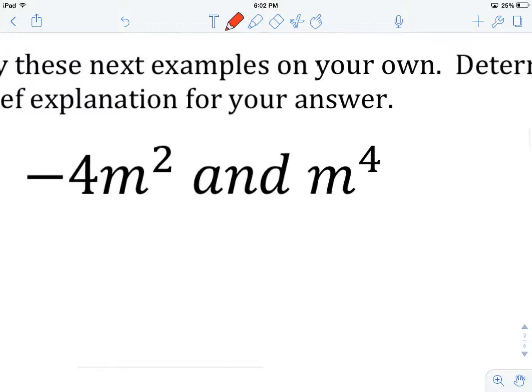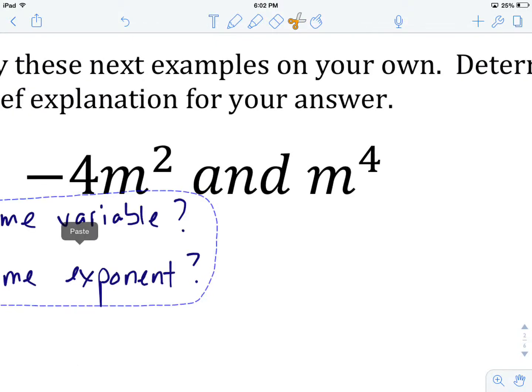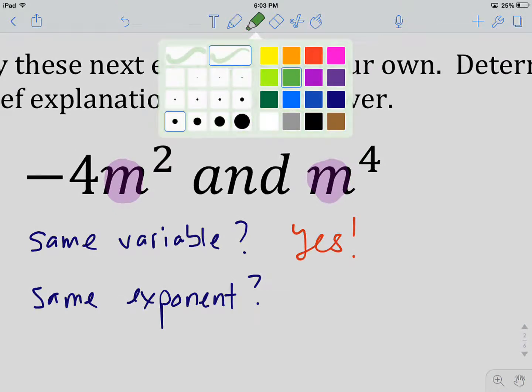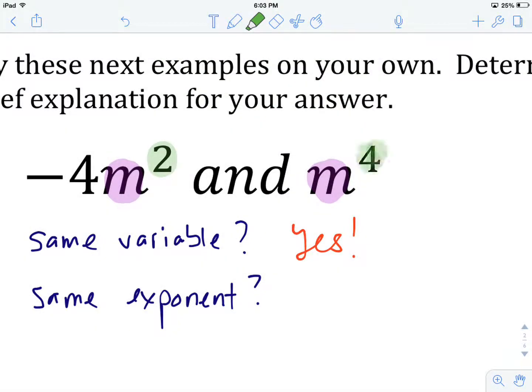Okay, let's have a look at this. Again, same thing. We are looking for the same variable to the same exponent. So the variable of our first term, m, the variable of our second term, m. So same variable, yes. Let's look at the exponents now. Exponent on the first term is 2. Exponent on the second term is 4.